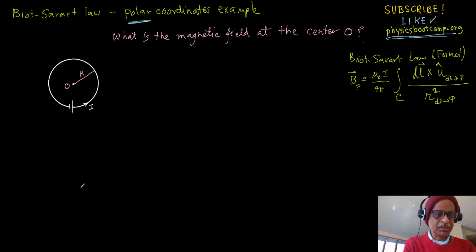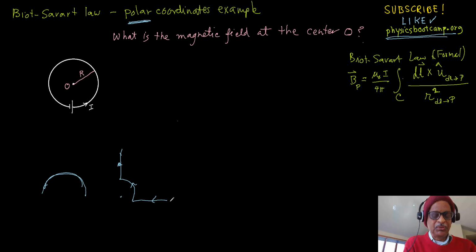So often the problem is just given as a circle like that, or it could be like this, and we are given current comes in, goes this way.